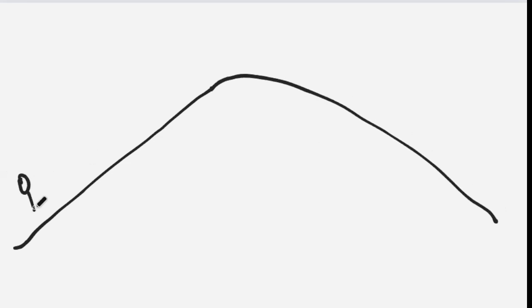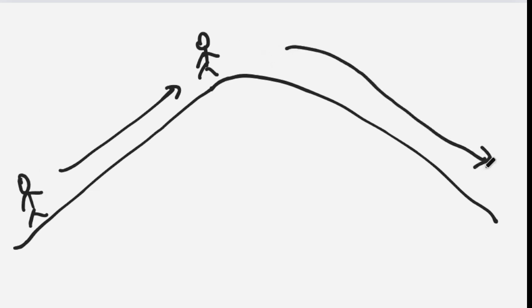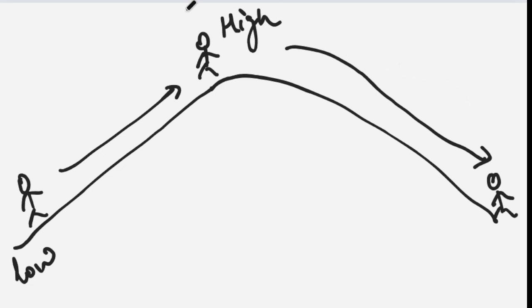Like here, you are here, okay, and now you're going upward, and you reach the top of the hill, okay. And what happens when you are coming down? First of all, you are moving from low to high, and next you are coming down. So you are moving from high to low, right?